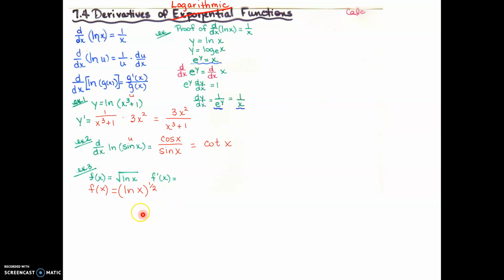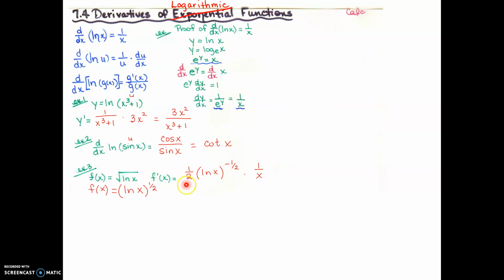So I'm going to treat this just like I would anything else raised to the 1/2. When I take the derivative of anything to the 1/2, it's going to be 1/2 that thing to the negative 1/2, and then we multiply by the derivative of that thing. The derivative of ln x would be 1 over x.